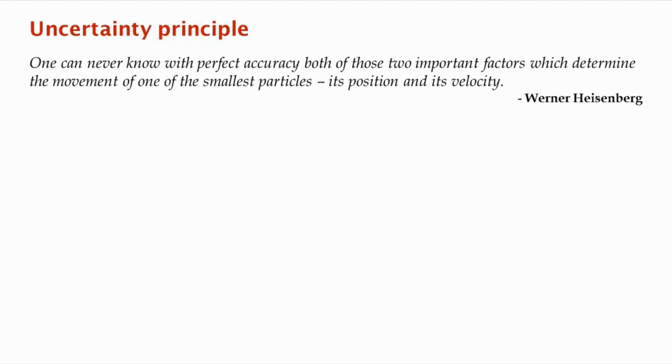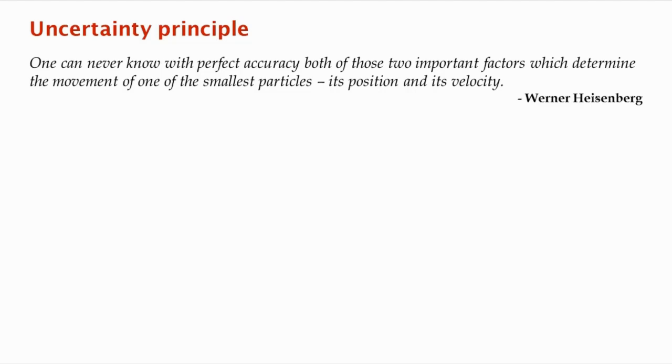He said we can never know with perfect accuracy both of those two important factors which determine the movement of one of the smallest particles, its position and its velocity. So in what sense did that apply to the double slit experiment?